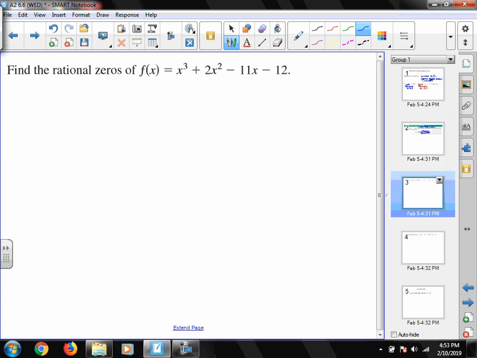So, simple question. Find the rational zeros of f of x equals x cubed plus 2x squared minus 11x minus 12. All of these are going to take factors of our constant term. So, I need factors of 12.